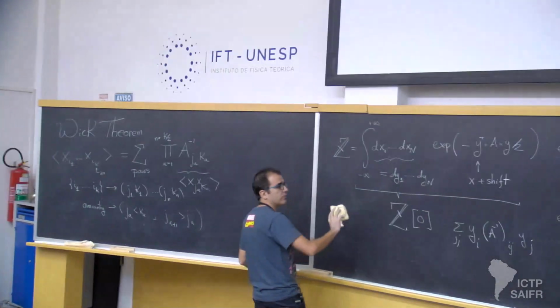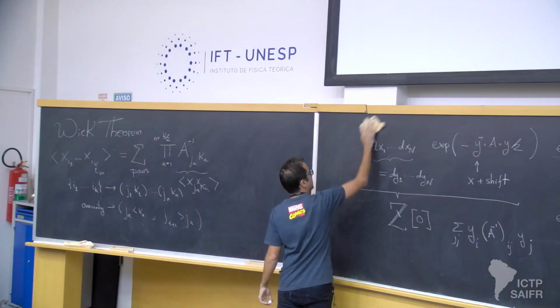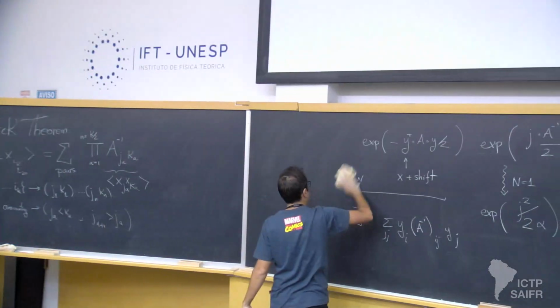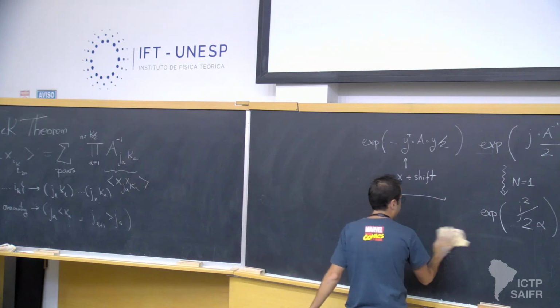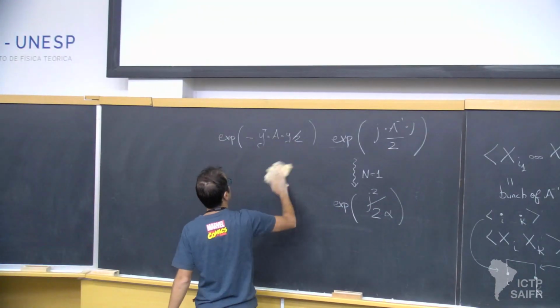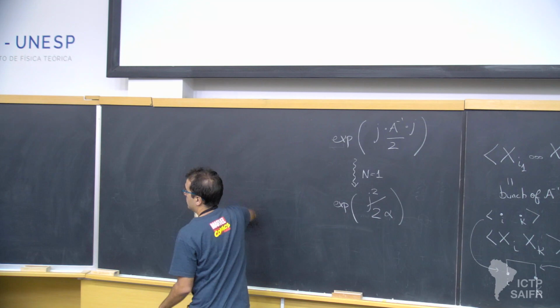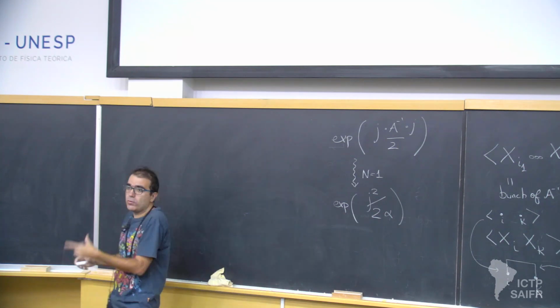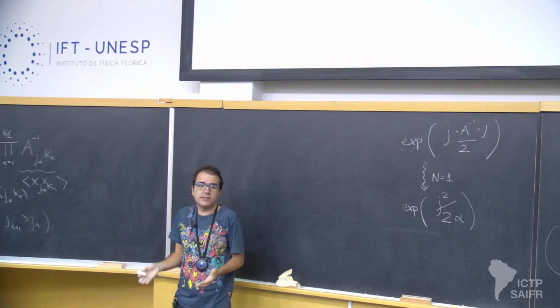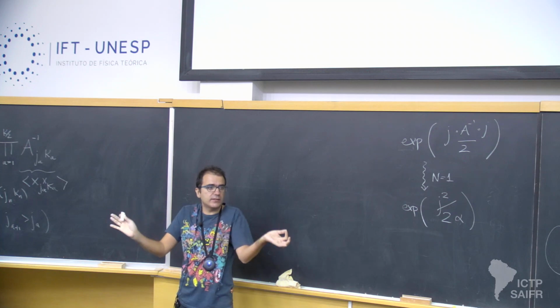When you see this example, you will understand immediately any number of x's, and it will be clear what you should do. Let's work out the case with 4. If you have 2, then there's only one pair, it's done, right? It's just the single pair, I just contract, and that's it.